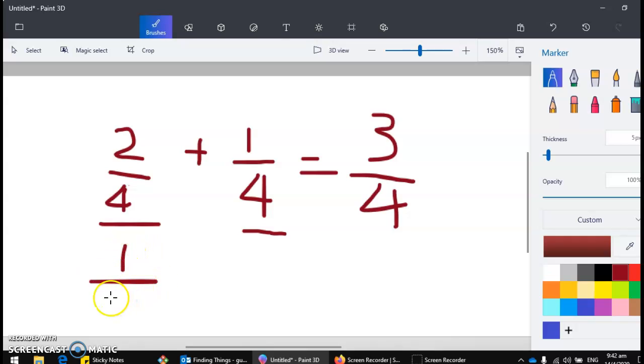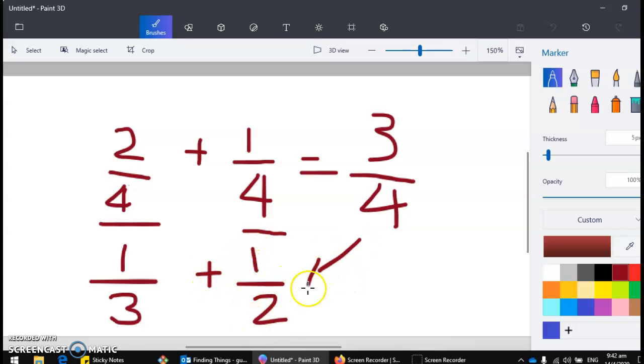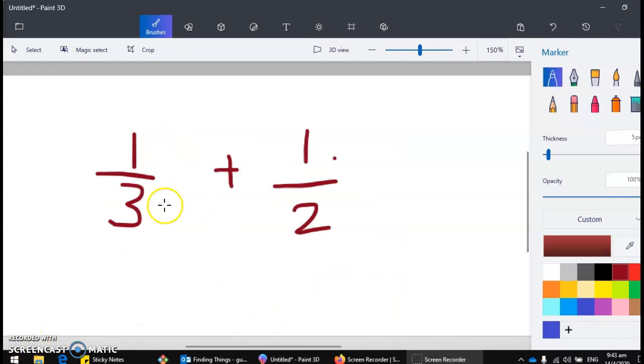Okay, so what happens if the denominator is not the same? For example, 1/3 plus 1/2. Then what shall we do? Okay, so 1/3 plus 1/2 are called unlike fractions because the denominator is not the same. Here is 3, here is 2.